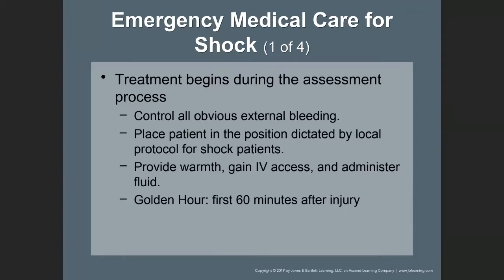If the patient is unresponsive but visible chest rise is still present, that's patient category 3. And as I've stated many times, once a patient has visible chest rise, that defines respiratory distress.